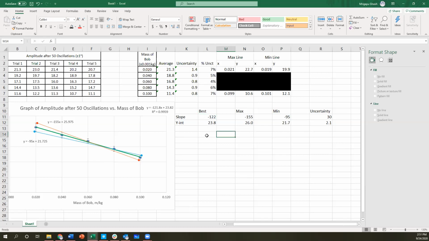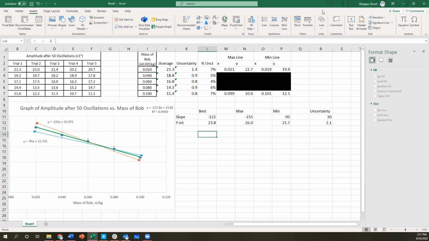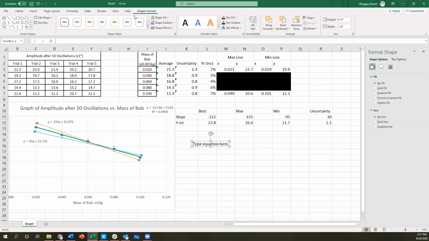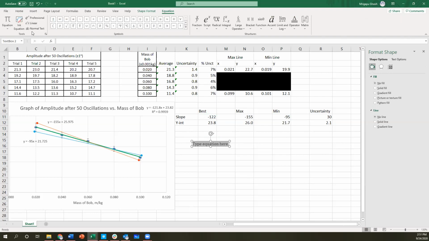Okay. So now that we have all our things, we can write an equation. Does it let you insert an equation in Excel? It does. Okay. LaTeX is a formatting tool that we use, but it'll auto format anyway. So our equation in this case is y equals mx plus b, right?